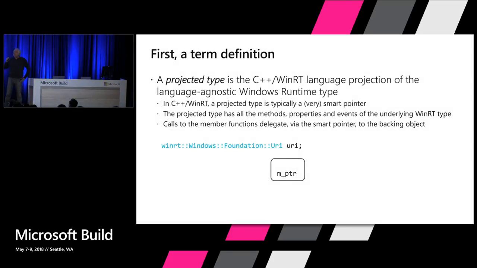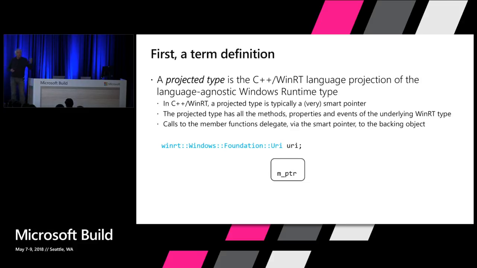Now, first, I need to define a term. All the types, well, all's too strong. Most of the types that you include these header files and use, like the URI type, the HTTP client type, are what we call projected types. They're not really the URI class. That's built into the operating system. When I instantiate that URI object on the stack, it's really just a really smart pointer to the thing in the OS.